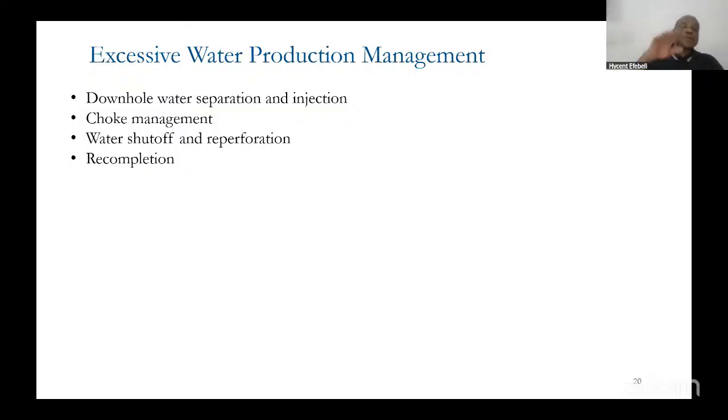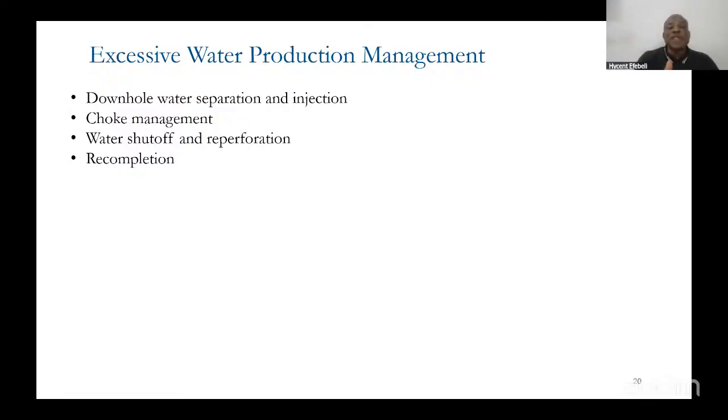So when you are reviewing a well that is producing at very high water cuts, like I said, you look at logs, you look at different maps, you look at different things, right? And you are asking yourself, based on the perforation depth and the top of the reservoir, do I have the opportunity to shut off some of those perforations that are producing water and perforate shallower? If that is possible, you can carry out water shut off on that interval, then reperforate shallower. That may reduce your water production.